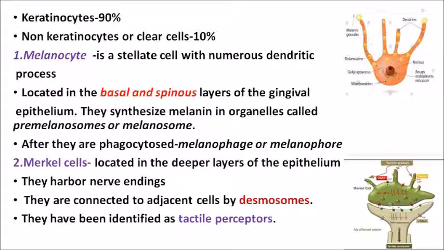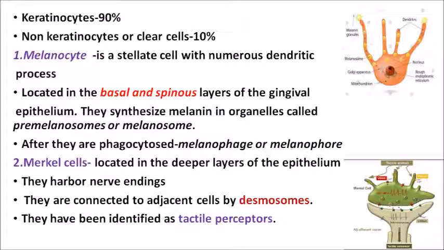And when they are phagocytosed, it is called a melanophage or melanophore. So you have to differentiate between the terms melanosome, melanophage and melanophore. Melanosome or premelanosome is the organelle in which they synthesize melanin, and when this is phagocytosed, it is known as a melanophage or melanophore, right?